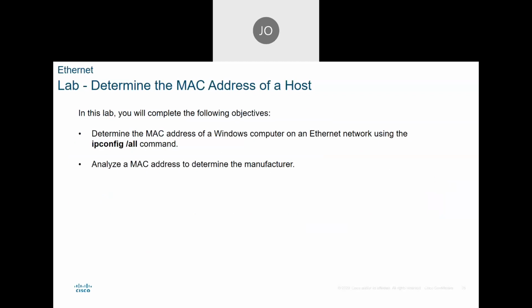And that is what we refer to as the media access control address, that is the MAC address. Every Ethernet network interface has a physical address assigned to it when it is manufactured. This address is known as the media access control address, that is MAC. This MAC is unique to gadgets. My MAC address is different from your own MAC address. This is one of the ways in which we track stolen devices.